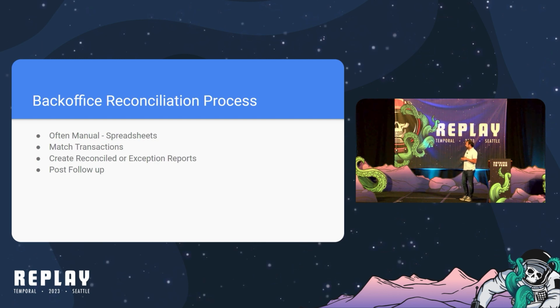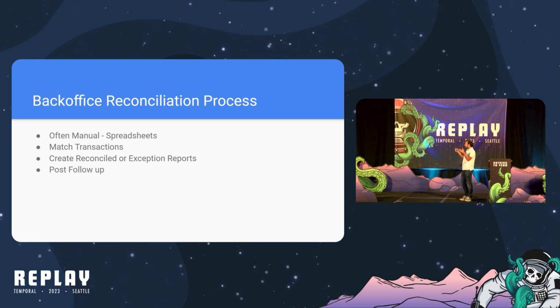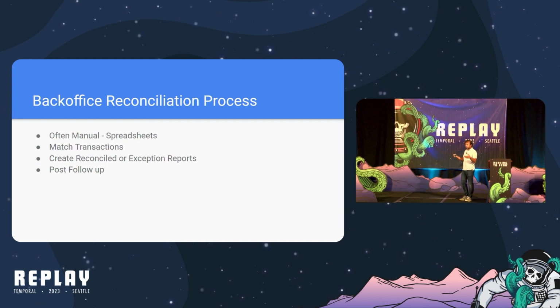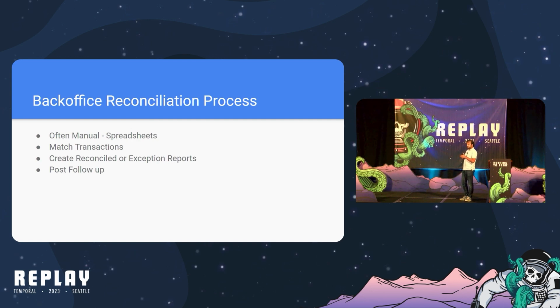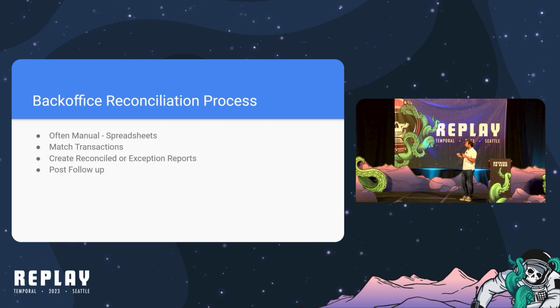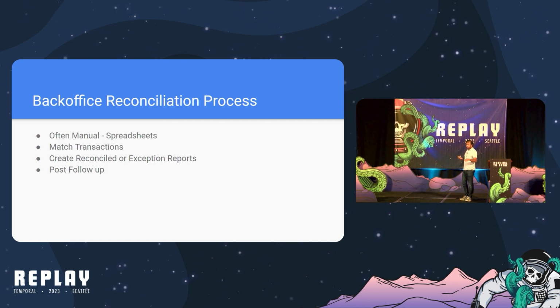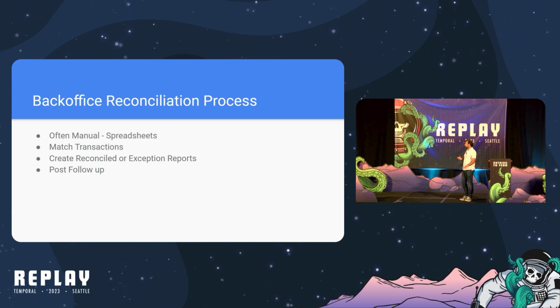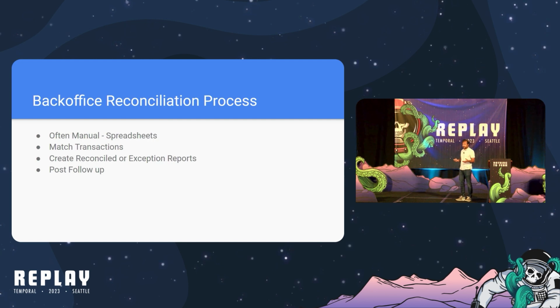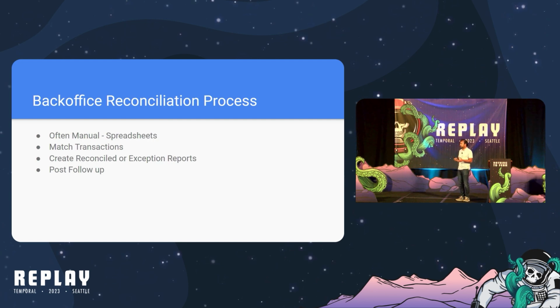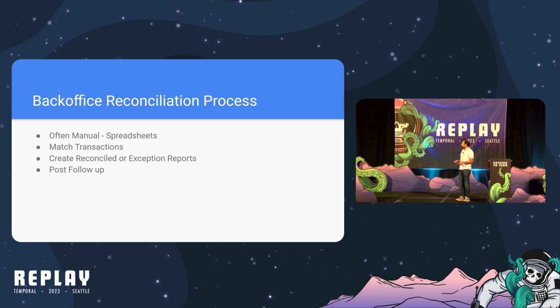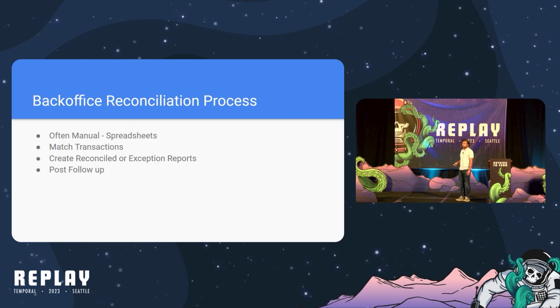They look at whether they got all the transactions and all the settlements. They verify that these transactions actually match, and create reconcile reports and also exception reports. When they have exception reports, they generally do post follow-ups. Post follow-ups come in with either engineering teams or maybe third parties.